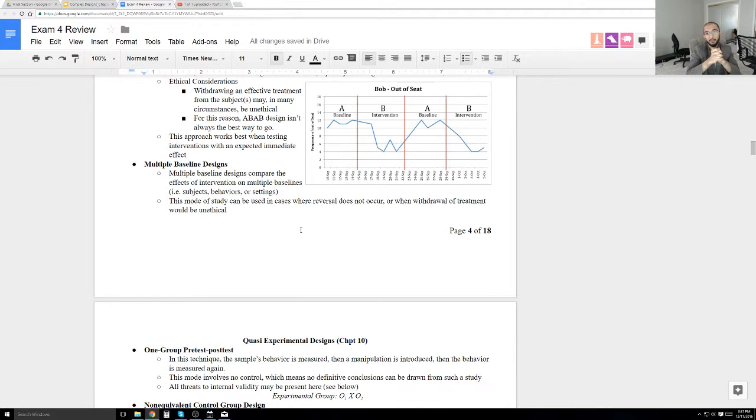Or we might look at the effect of an intervention across settings. So at home, at work, at school. 3 different settings, 3 different baselines. What does the intervention do in each case? And as we mentioned, this mode of study can be used in cases where reversal does not occur, or when withdrawal of treatment would be unethical.